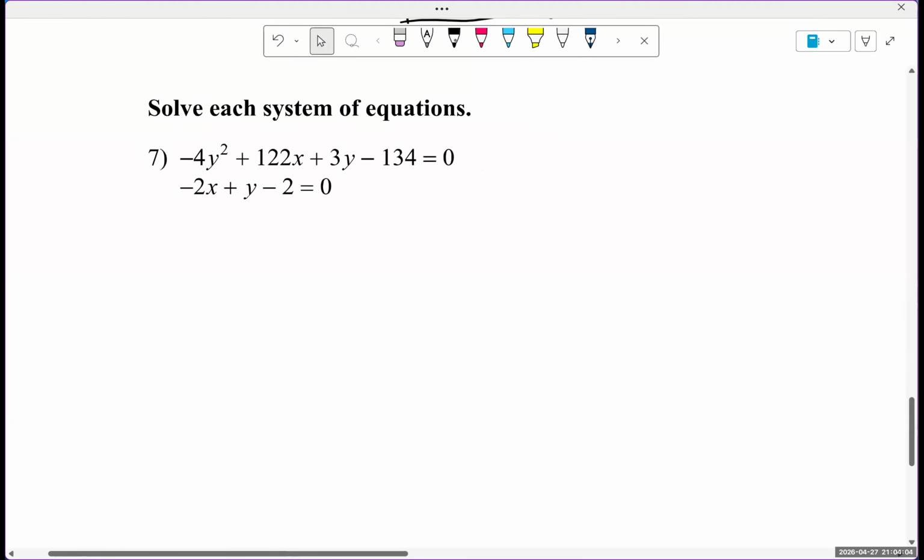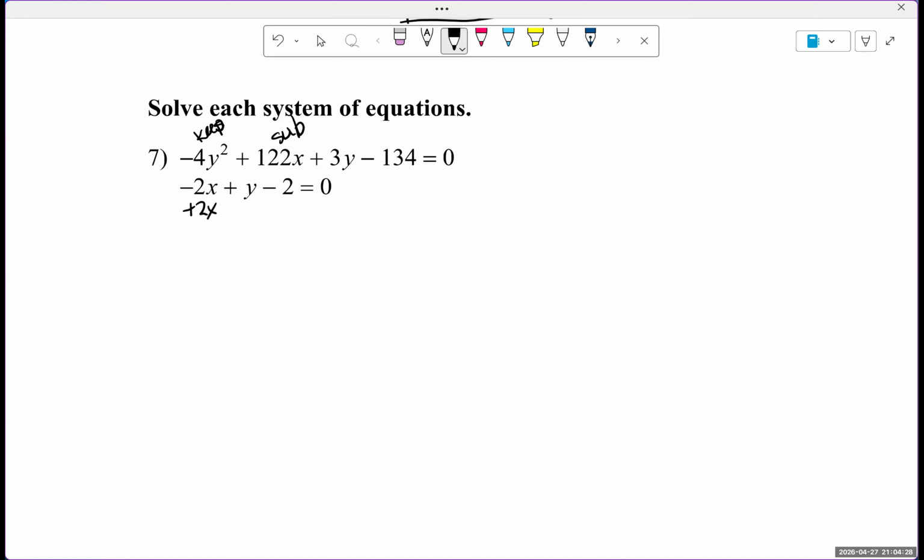Number 7. Okay, since the y is squared and the x is not, we're going to keep the y and substitute out the x. That would be the most efficient way to do this. So let's solve for x.